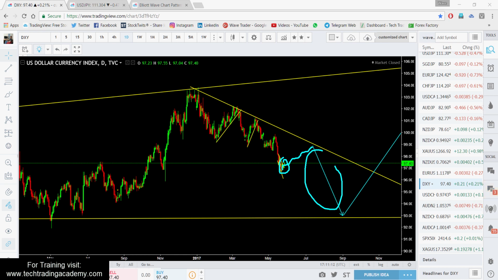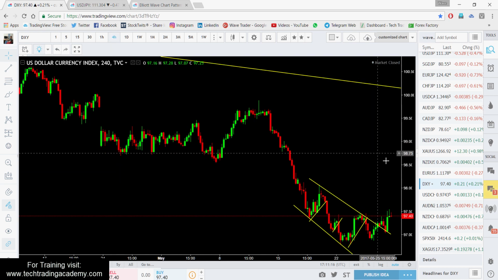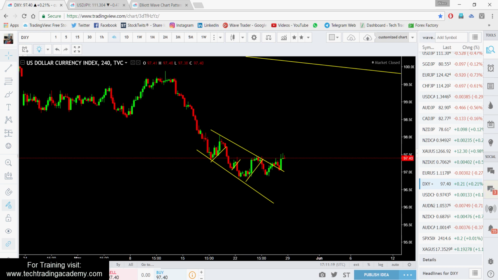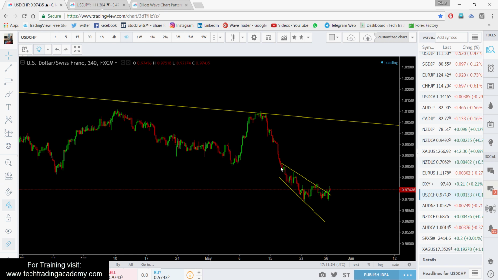So we're going to give this pair more time to complete the formation it is forming, and then we're going to look for a trade. Currently it looks bearish. You can see over there, like a flag or channel, it looks bearish. So we'll wait, quite similar to that and then that on this pair.